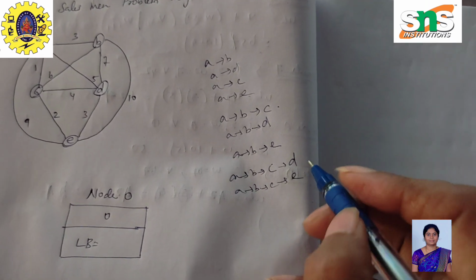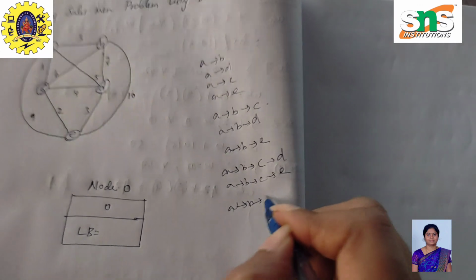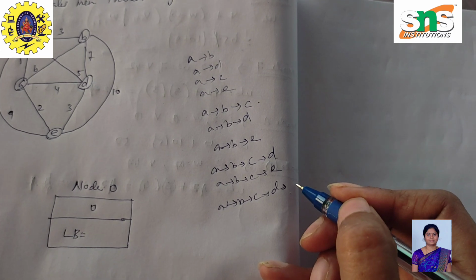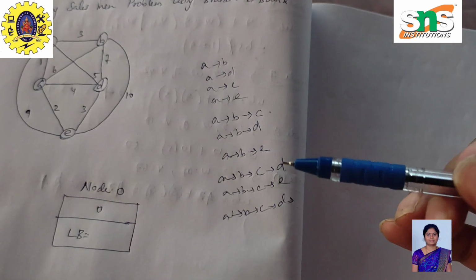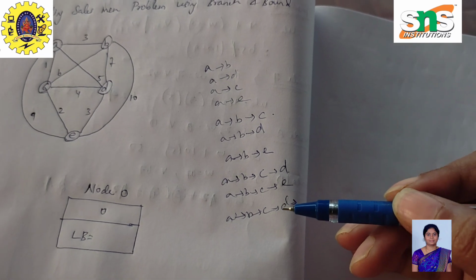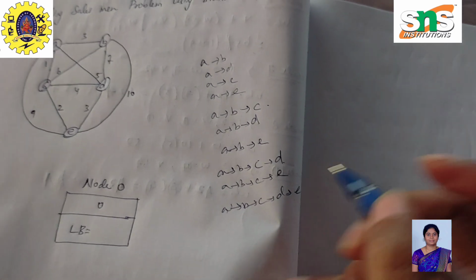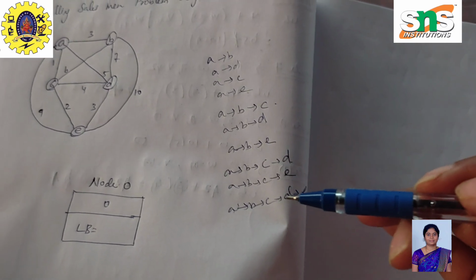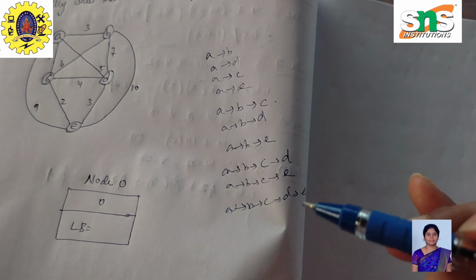If I start with A to B, B to C, C to D and then after D I can move to E, and from E I can move to A. So these are the possible solutions. Likewise I can go with the next node visit. For that, we are going to calculate using branch and bound.